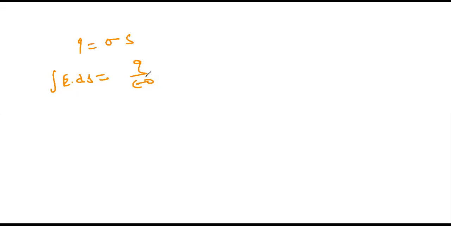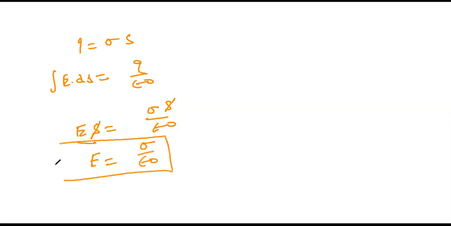Yes, sir. Now combine it. So what will you get? ES is equal to sigma S upon epsilon naught. After this you see, ES is equal to sigma S upon epsilon naught. Cancel this S. What are you getting?